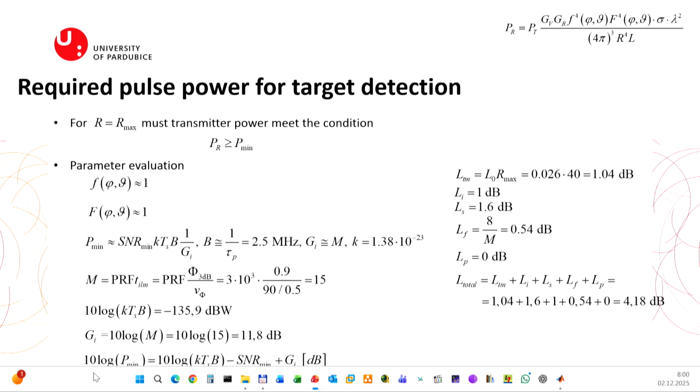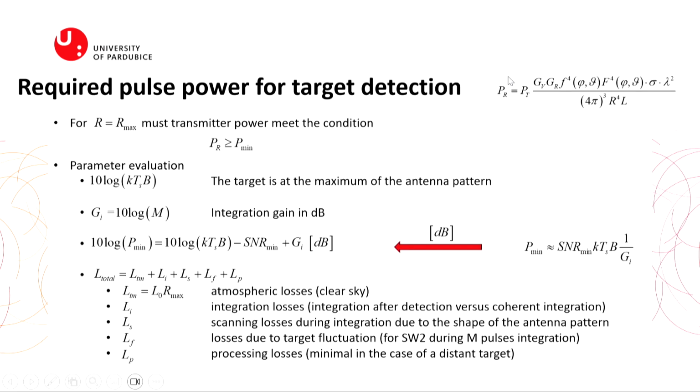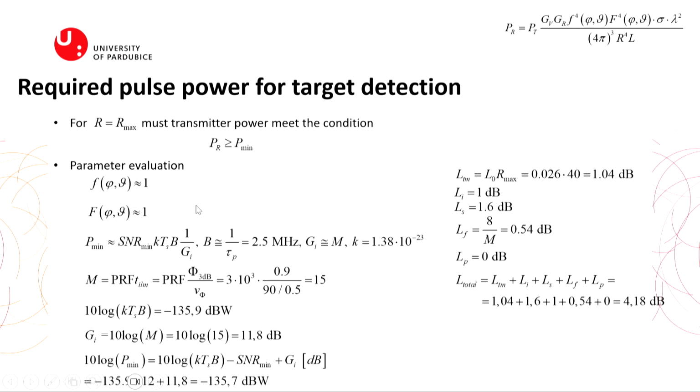So, imagine we just start computing this one equation. This is 1, this is approximately 1, this is this value, number of pulses is 15, and so on.